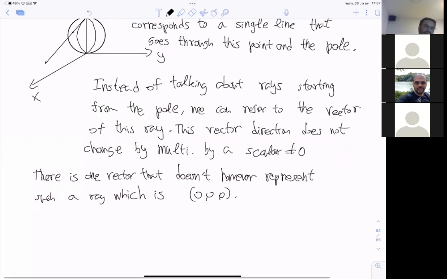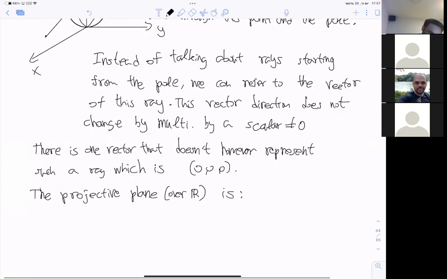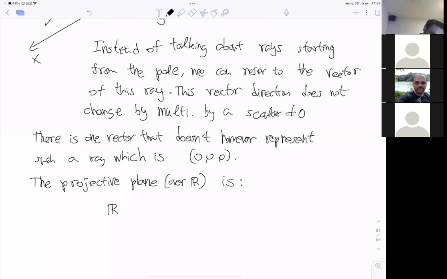So now we can define our projective plane. Projective plane over R, because you have the same thing over different fields. This is how you write it: RP2.